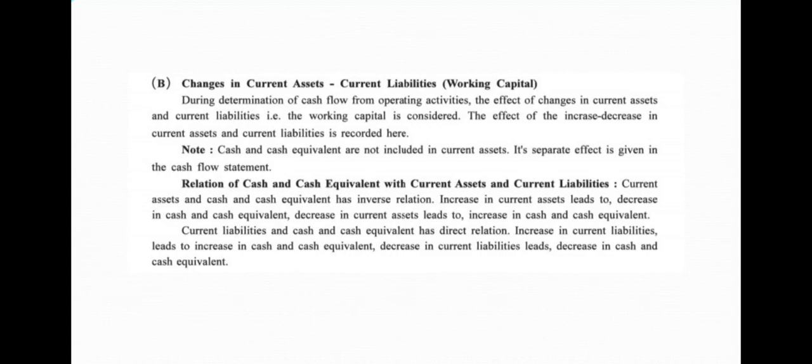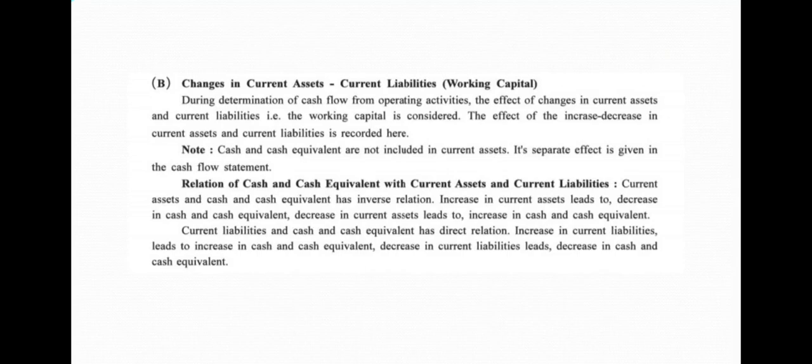Then changes in working capital. During determination of cash flow from operating activities, the effect of changes in current assets and current liability, that is in working capital, are considered. The effect of increase or decrease in current assets and current liabilities are recorded.